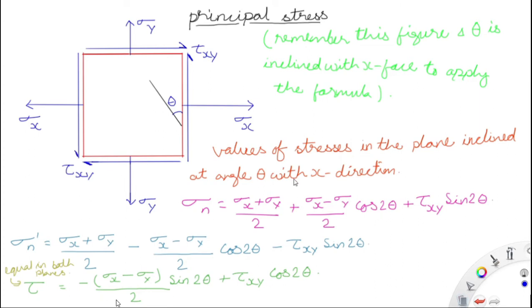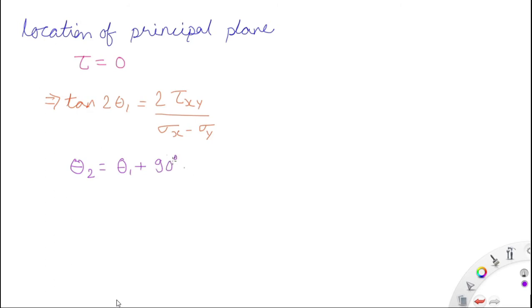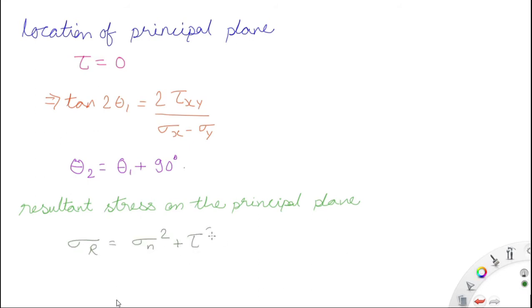Now, location of the principal plane. The principal plane is the plane in which there is no shear stress and only normal stress is acting. The location of the principal plane is found by equating the tau equation to 0. The tau that we have written in the previous equation, we equate to 0. Then we will get tan 2 theta 1 is equal to 2 tau xy by (sigma x minus sigma y).